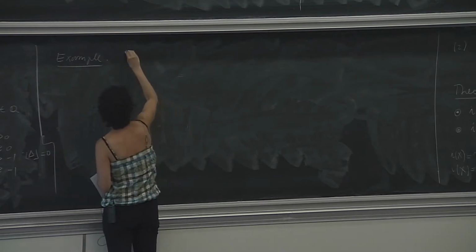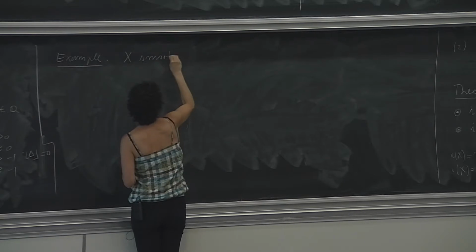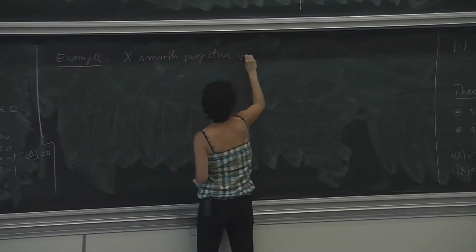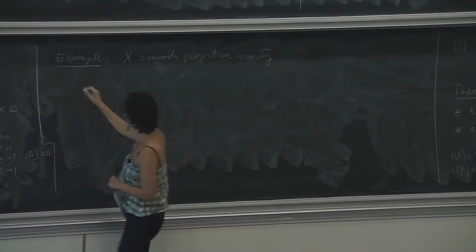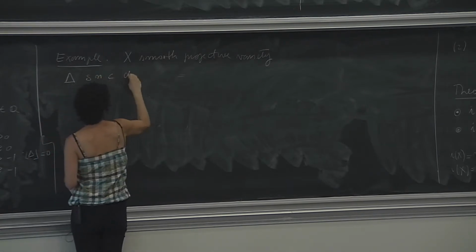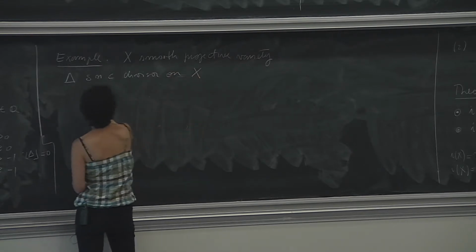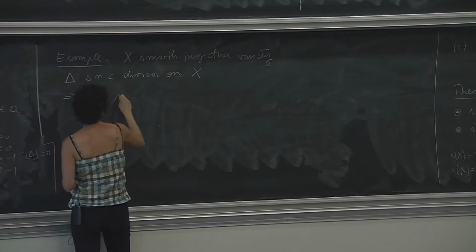So if you take X, a smooth projective variety, and delta, a simple normal crossing divisor on X, then (X, delta) is log canonical.